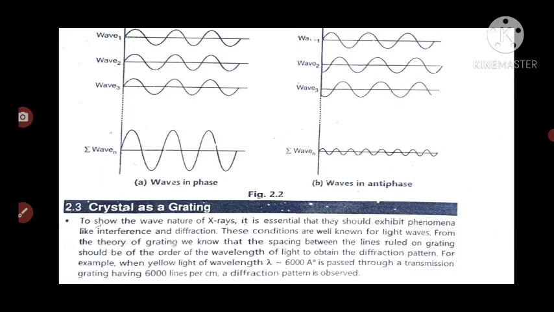This condition is well known for light waves from the theory of the grating: the spacing of the lines ruled on the grating should be of the order of the wavelength of the light.